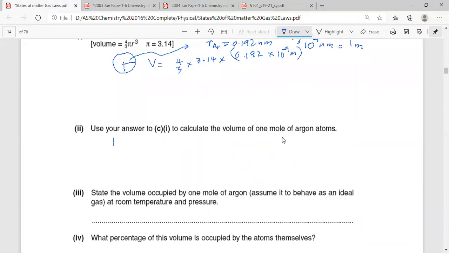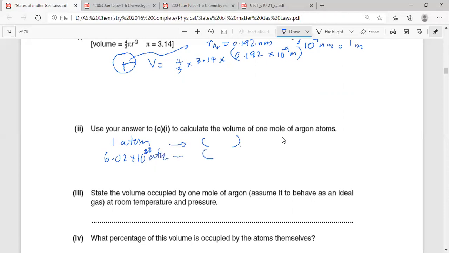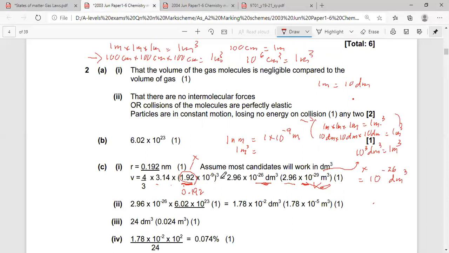So if one atom has this amount of volume, then 1 mole, 6.02 times 10 to the power of 23 atoms, will contain this value times the Avogadro number. That means this is the total volume occupied by 1 mole of argon. It can be meter cubed or dm cubed, up to you. Dm cubed is easy to calculate. So very small, is it?